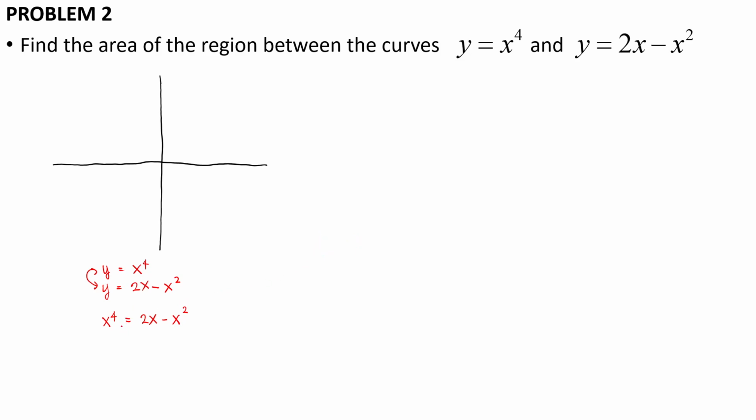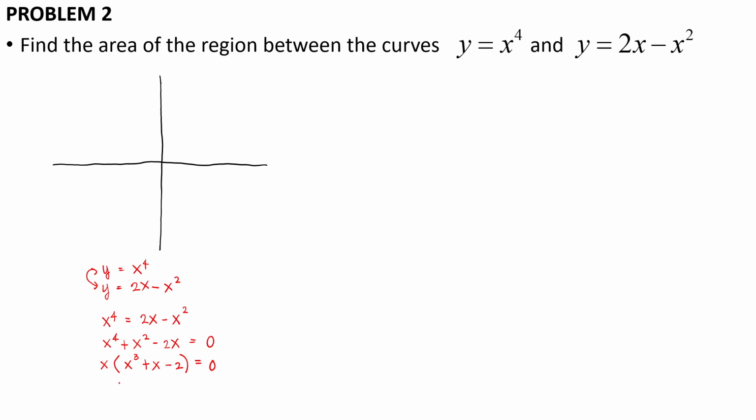Then grouping together your equations, you now have x to the power of 4 plus x squared minus 2x is equal to 0. And then getting one x variable, you now have x times (x cubed plus x minus 2) equals 0.